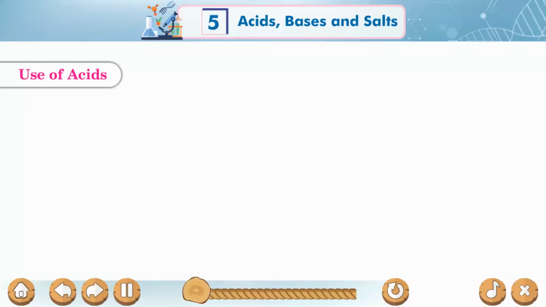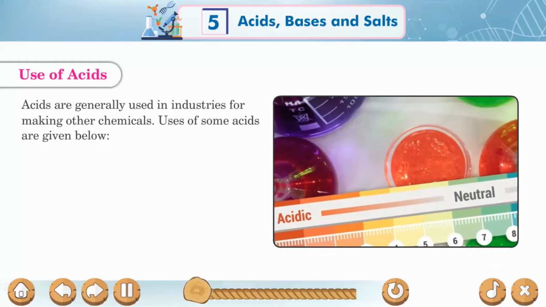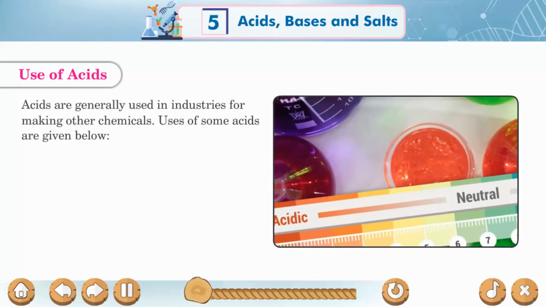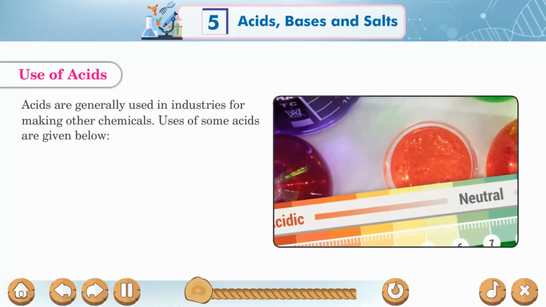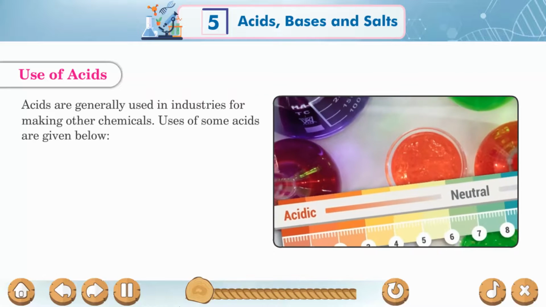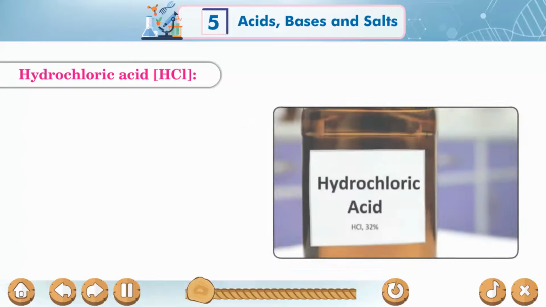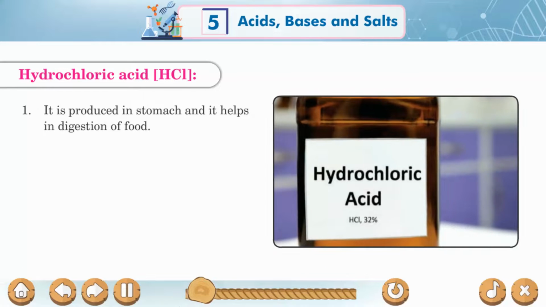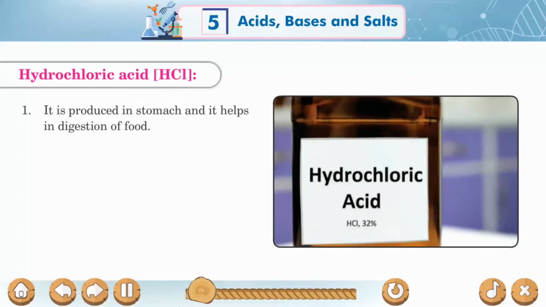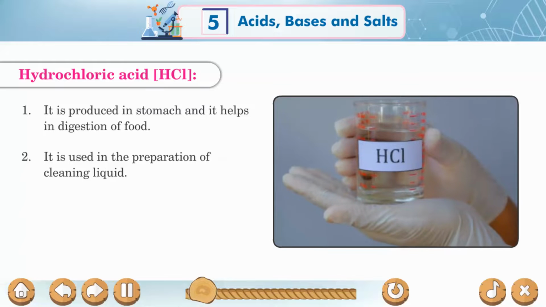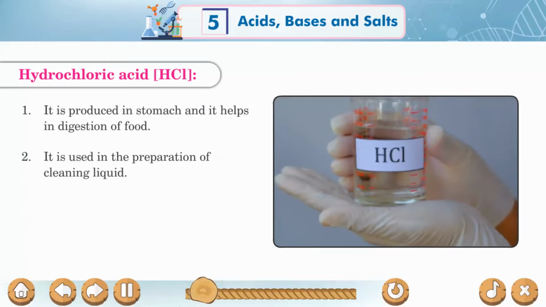Use of acids. Acids are generally used in industries for making other chemicals. Use of some acids are given below. Hydrochloric acid, HCl. 1. It is produced in the stomach and it helps in digestion of food. 2. It is used in the preparation of cleaning liquid. 3.